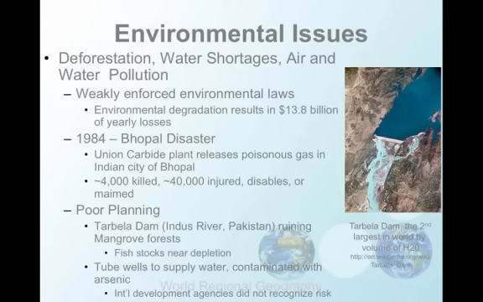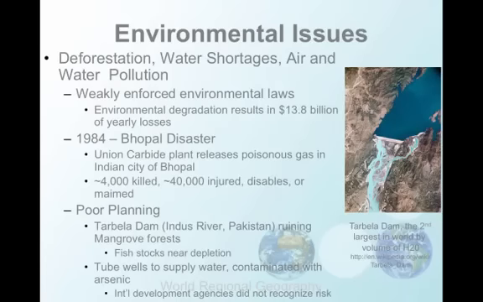Union Carbide, which is a U.S.-owned chemical manufacturer, has a plant in India, in the city of Bhopal, and this plant released poisonous gas, which killed about 4,000 people and actually injured, disabled, or maimed about 40,000 people.